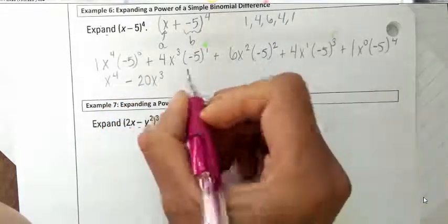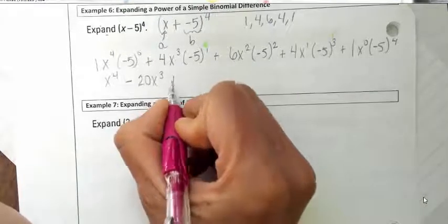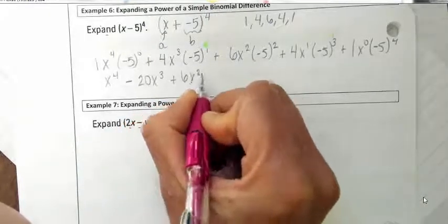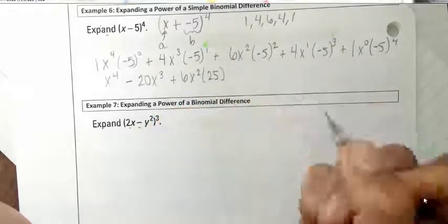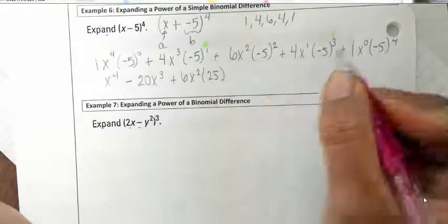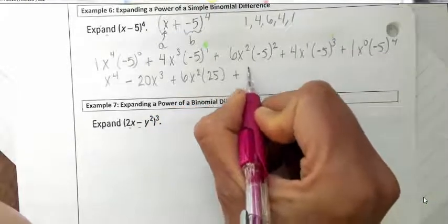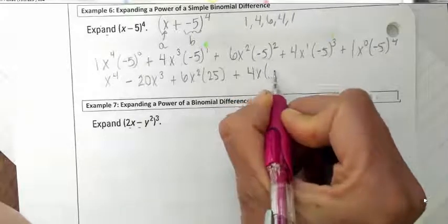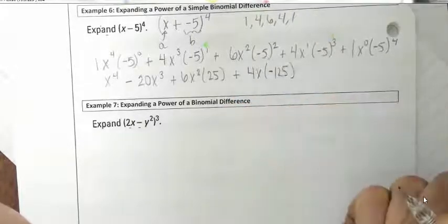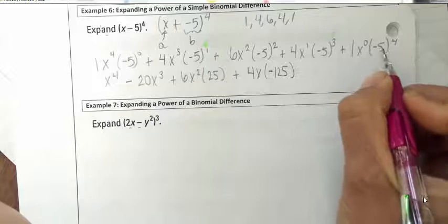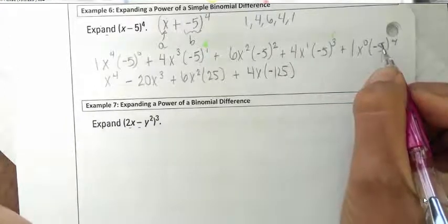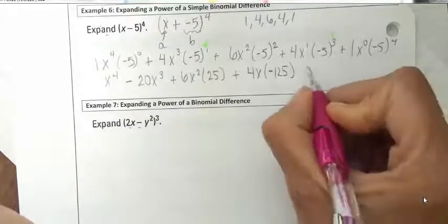Okay, this is where I'll start simplifying my exponents first. So plus 6x squared times a positive 25. Okay, and then I'll do the same thing here. So this is going to be 4x times, that's a negative 125. That just becomes 1, so it's negative, oh no, that's going to be positive 625, I believe.